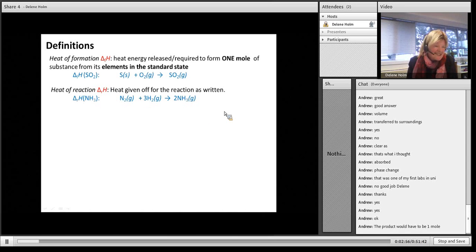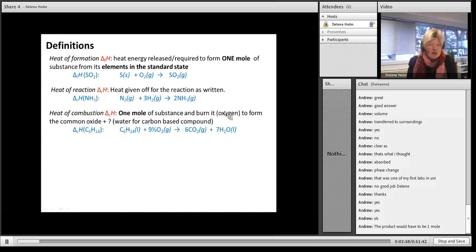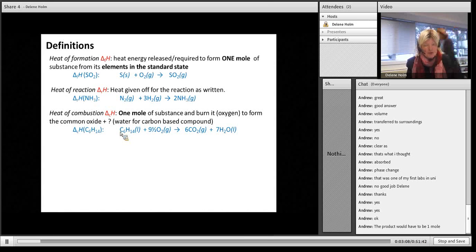Right, next one is the heat of combustion, and here it's to burn 1 mole of a substance. So the important thing is it must always be a 1 in front of this reactant. The reactant is always on the left with oxygen. So if I'm burning 1 mole of carbon, or 1 mole of carbon monoxide, or 1 mole of sulfur, this first equation is also an equation for the combustion of sulfur, because it's sulfur burning with oxygen. So it's 1 mole reacting with oxygen, and then the product is the common oxide.